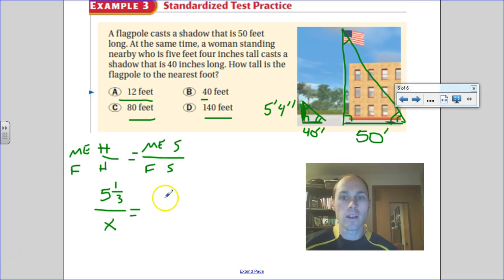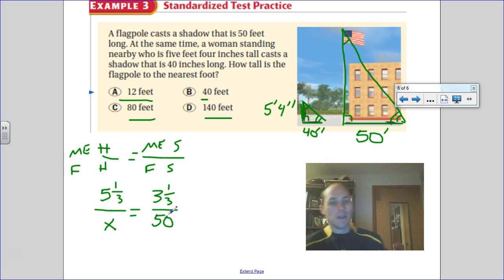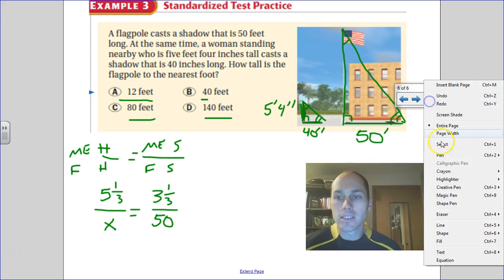So at least 4 left over. 4 out of 12 is 1/3, so 3 1/3 to 50. If you don't like to use fractions with the feet, maybe you prefer to change it all to inches and then convert to feet later. So let's do that as well. Let's set up a proportion, and you can decide which one you want to use to solve it.